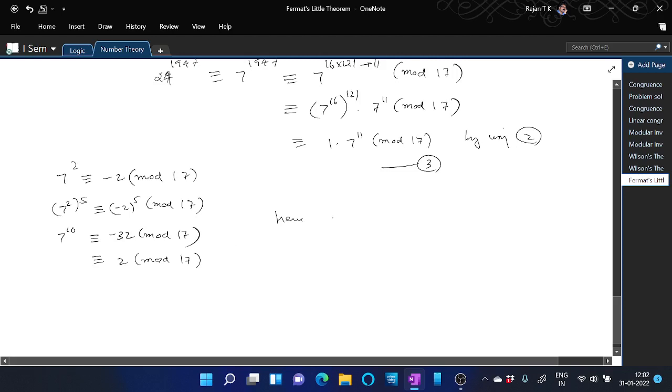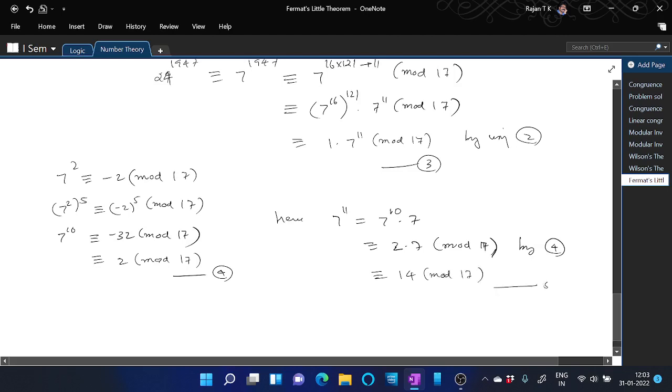Hence 7 raised to 11 you can write as 7 raised to 10 into 7, which is congruent to 2 into 7 mod 17, because 7 raised to 10 is congruent to 2 mod 17 by this. That is congruent to 14 mod 17.